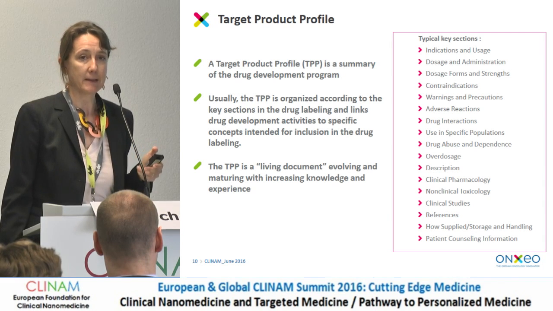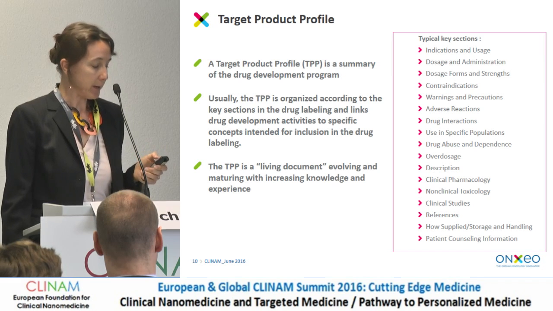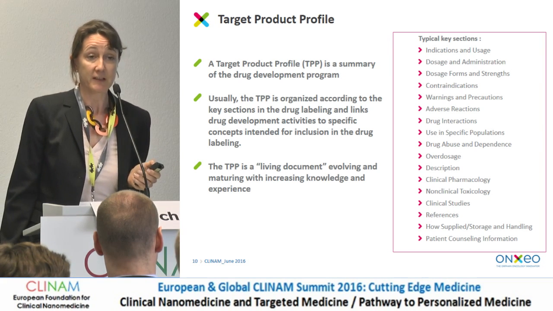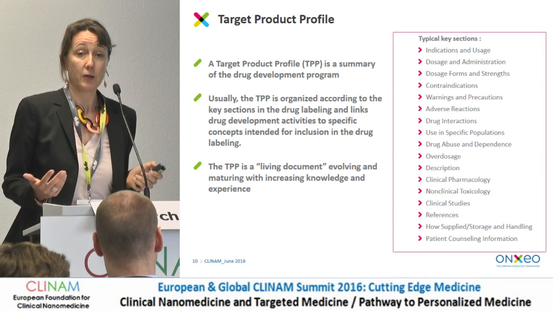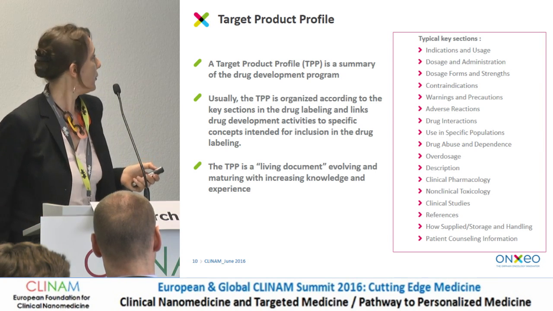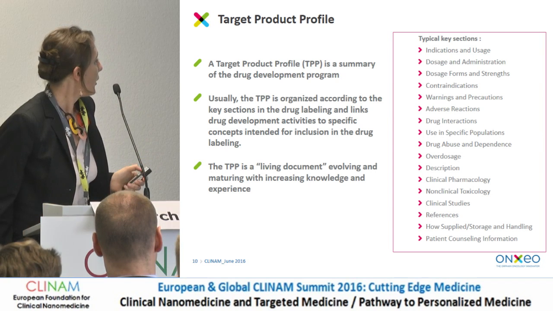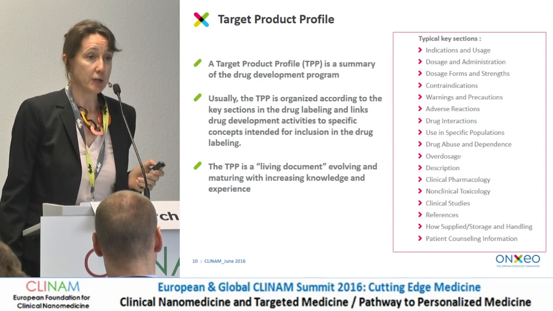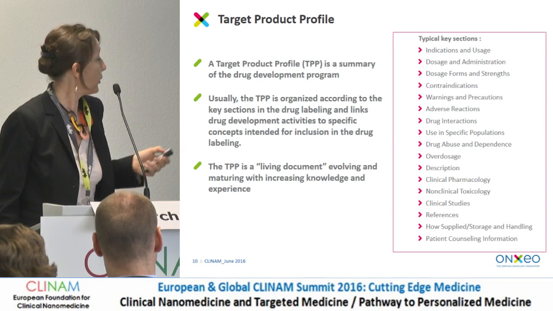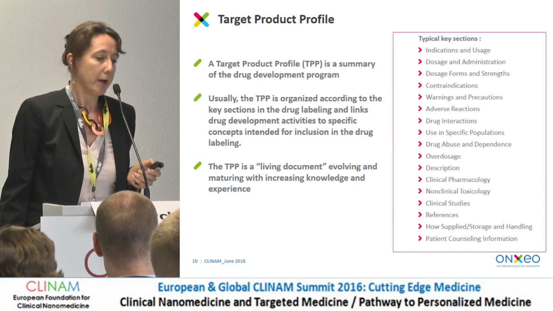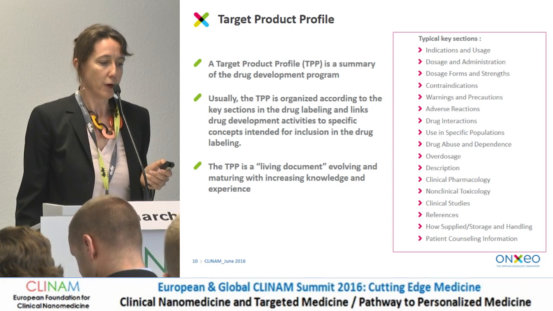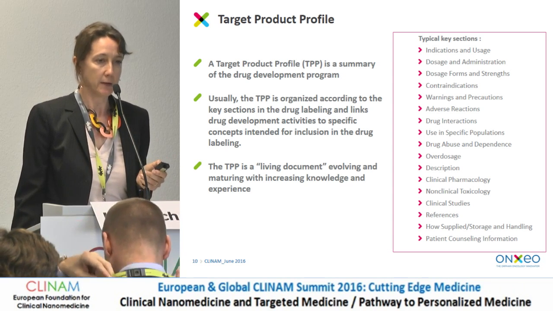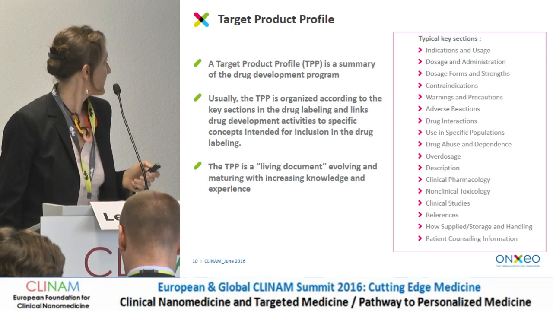And at the end, this target product profile will be the summary of the drug product characteristics. So at the end, you have the claim of your product, and you have to address all these typical sections regarding the indication and any other section regarding the drug product, and it's supported by the clinical study, preclinical study, and information regarding the drug product.